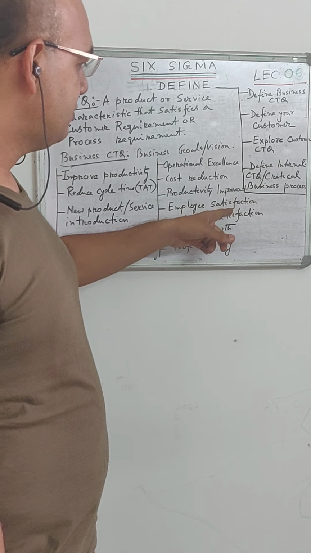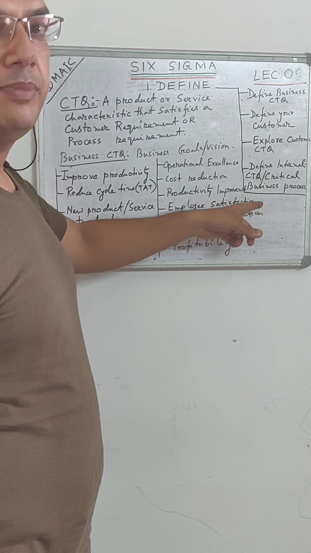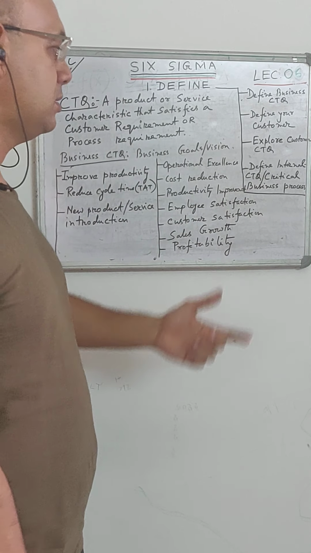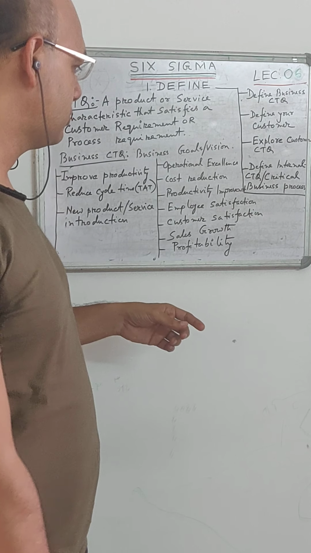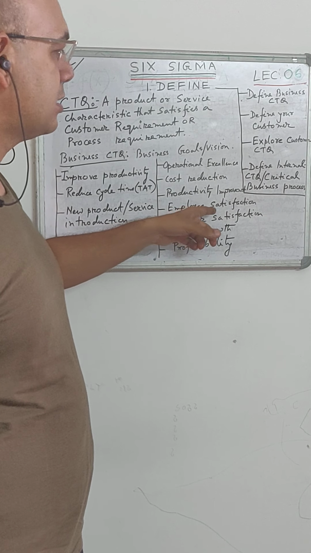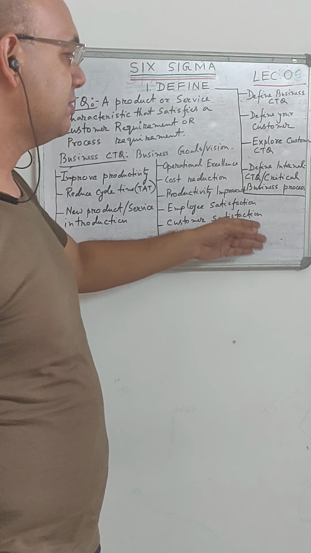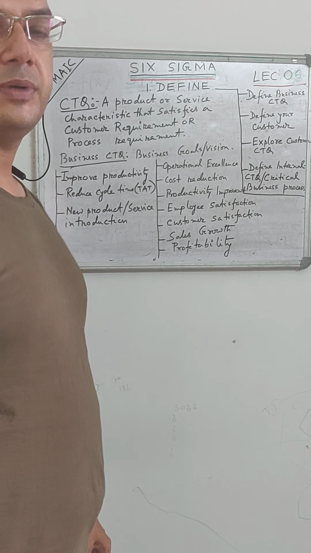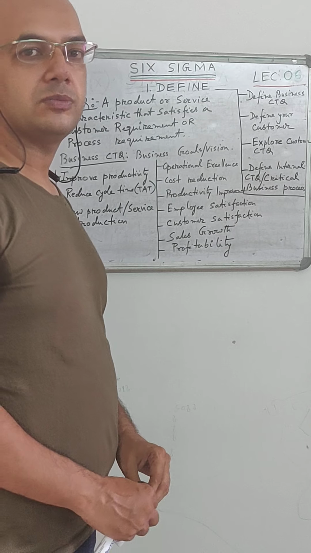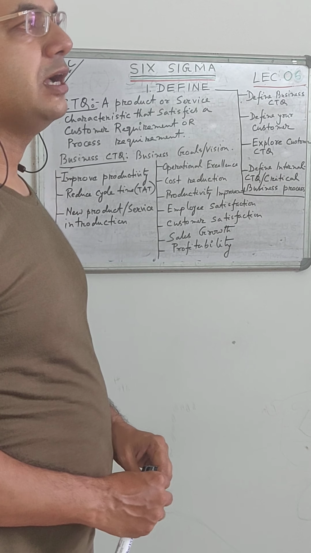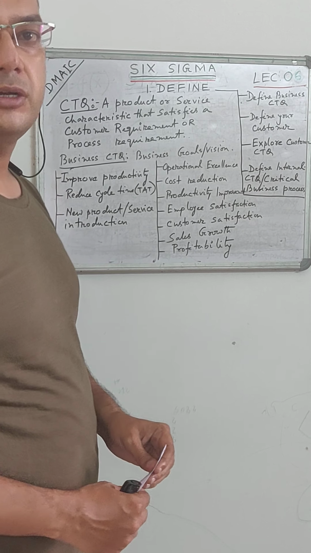Okay, so an employee satisfaction survey can be done, and based on the survey, we can define some projects, also Six Sigma projects. It will come under, say, HR projects or like that. Then customer satisfaction. We can have a periodic survey of our customers, a marketing research kind of thing.